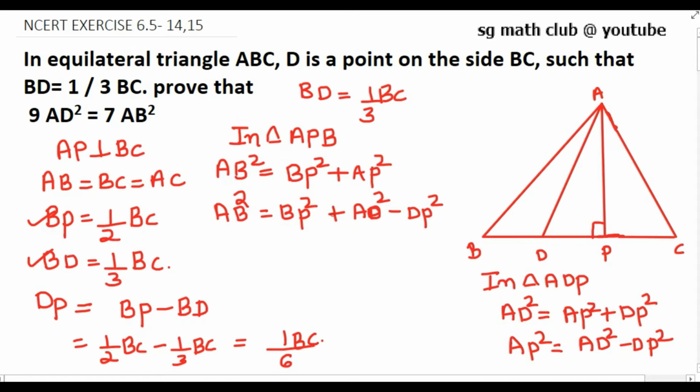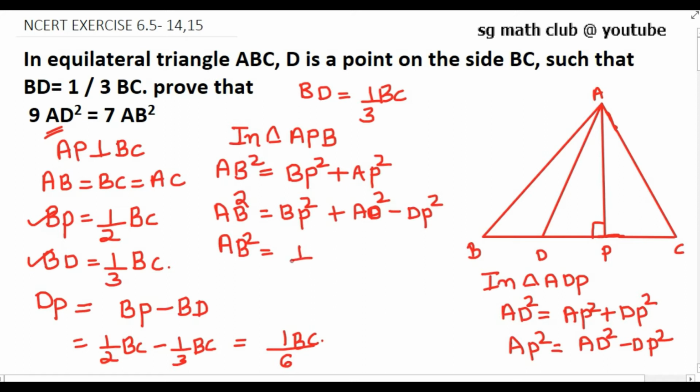AD let it be AD only, because in the question we have AD as such. We want only AD and AB, and the remaining we are going to change. AB square and AD square I am not going to change.